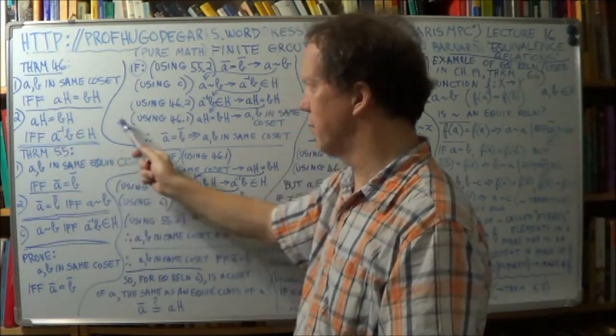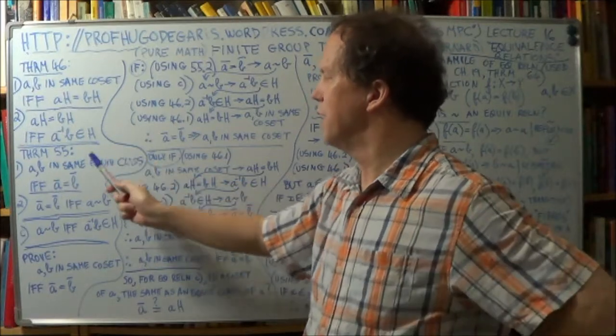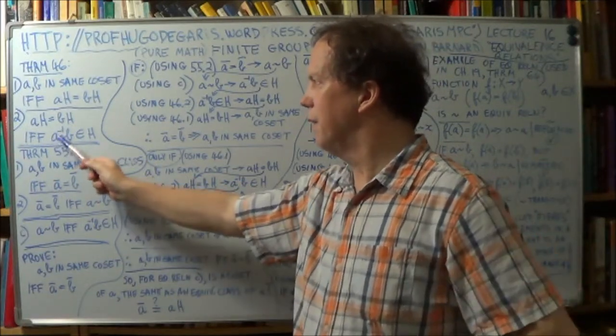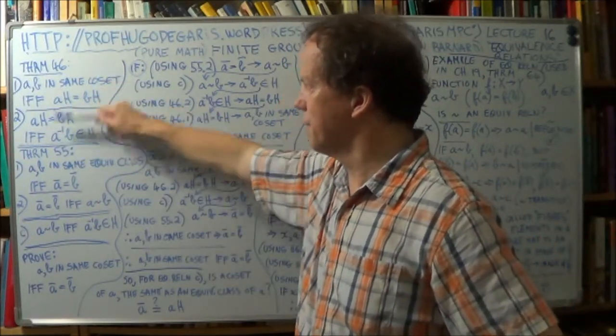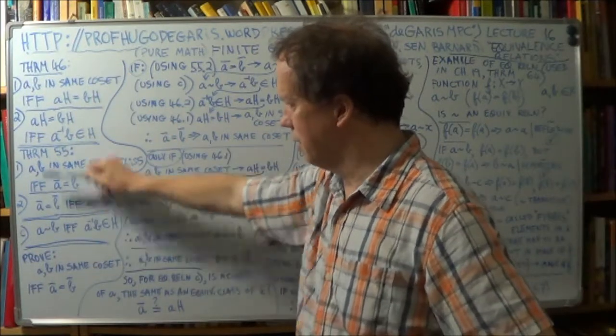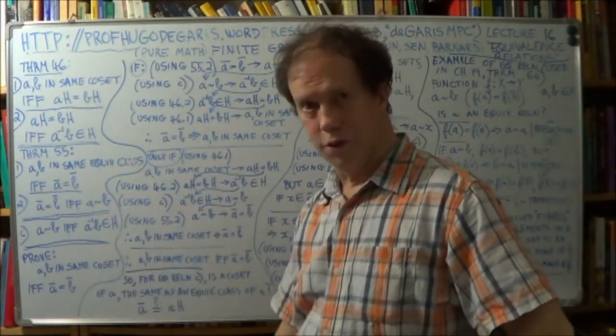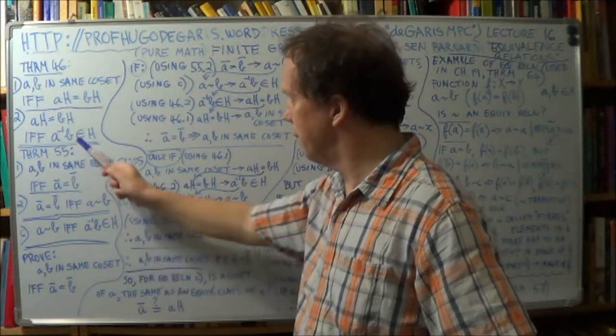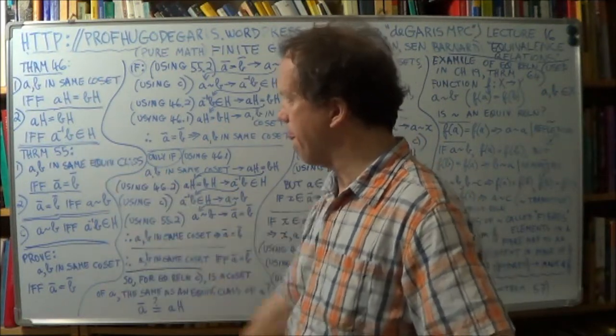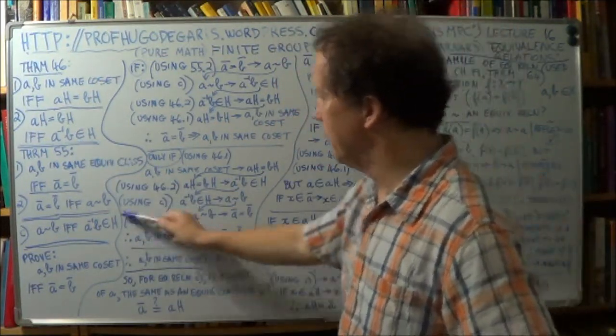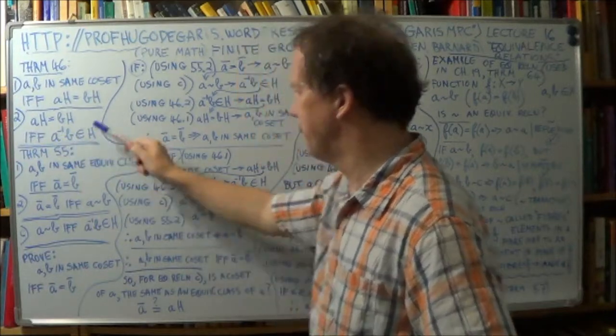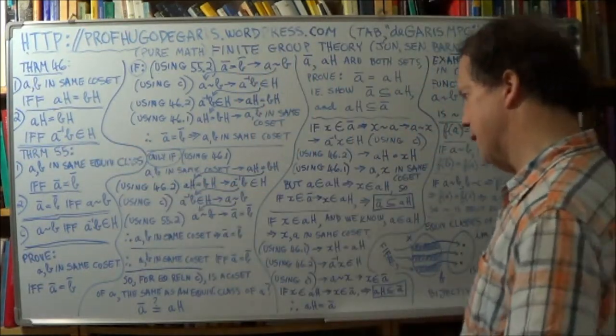Right? So we have similar relationship here in the context of cosets, and here in the context of equivalence classes. But it's the same terms here, these terms. Alright. Okay.